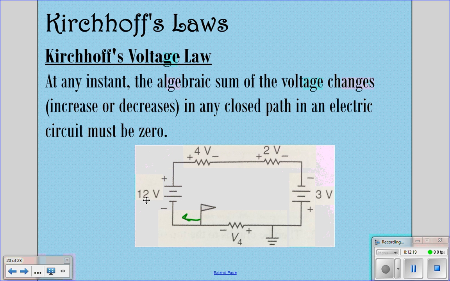We hit a negative 12, so that'd be a negative 12. And then we keep going and we hit a positive 4, and then we hit a positive 2. And then we keep going, we hit a negative 3. And then if we keep going, we hit a positive V sub 4.